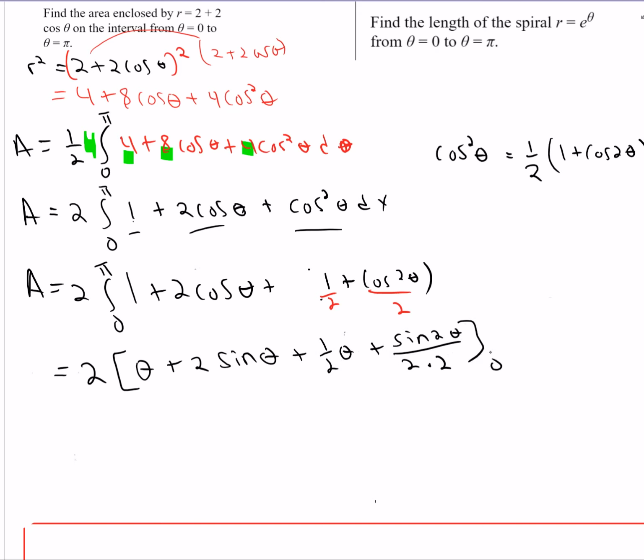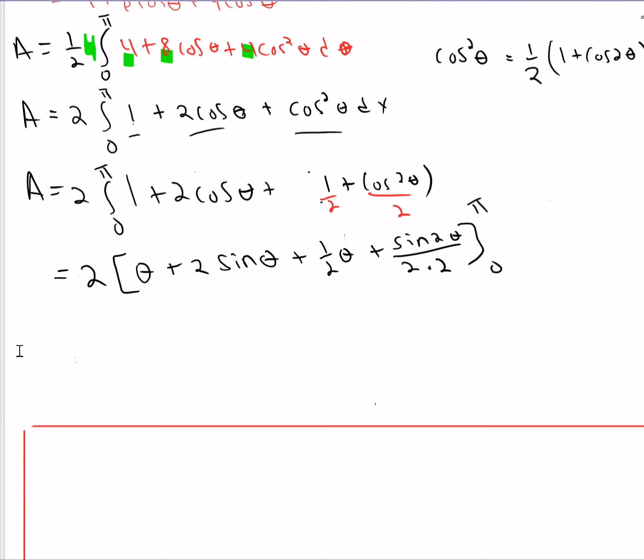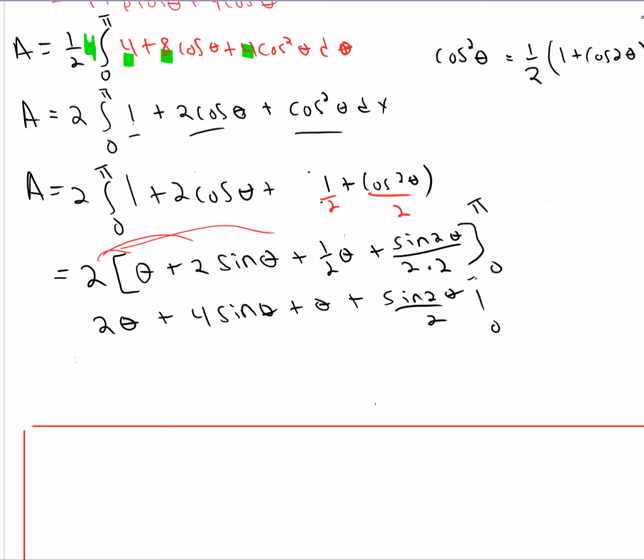And then we have to plug in 0 to pi. Maybe it'd be easier just to distribute this in there first, just to cancel out some of the weird things going on. This would be 2 theta plus 4 sine theta plus theta plus sine 2 theta over 2, right? That 2 is going to cancel with one of those 2's. We still have to plug in 0 to pi.